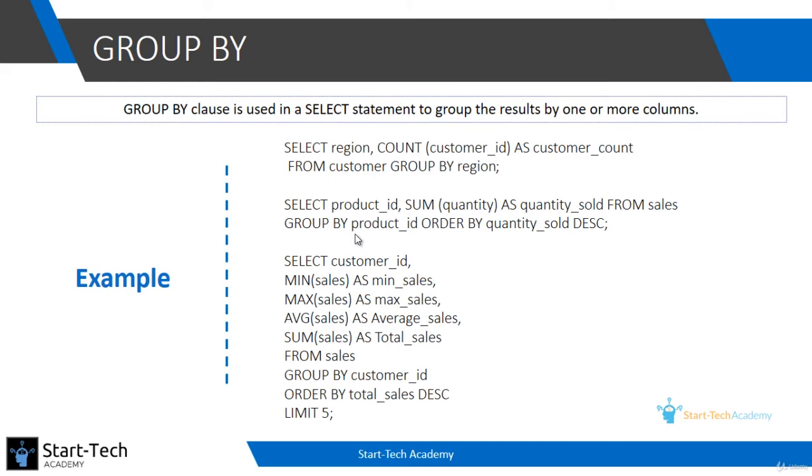To find out, we will write select product ID, and then we will have the aggregate function of sum, which is summing the quantity of that product ID sold from the sales table, grouped by their product IDs and ordered in the descending order. One thing to note is, when I'm ordering it in descending order, I'm using the alias. Once an alias is defined, it can be used further in the query wherever you want to.